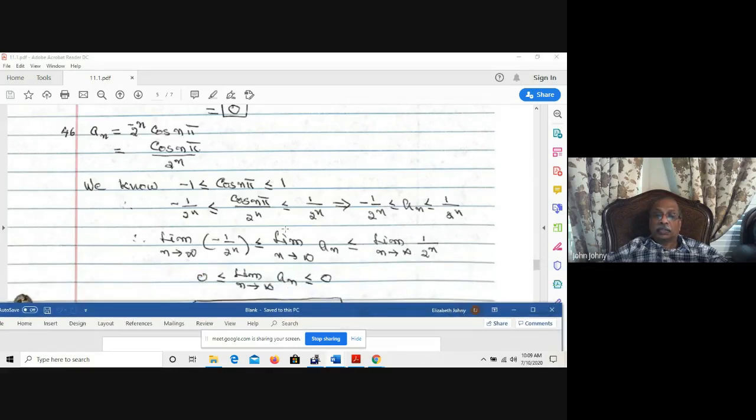2 is greater than 1. So we know the limit of b to the power of x is 0 if b lies between 0 and 1, and it is infinity if b is greater than 1, because of the graph of y is equal to b to the x.